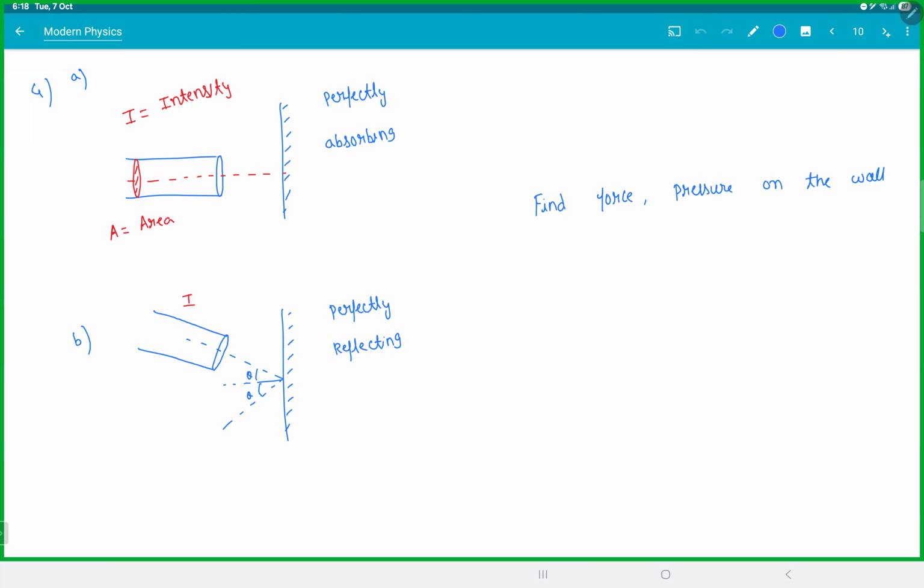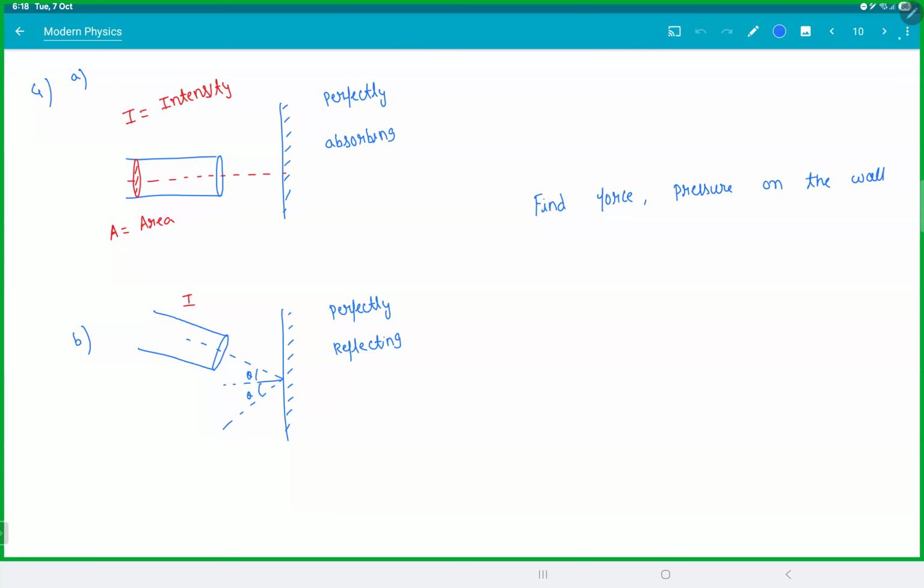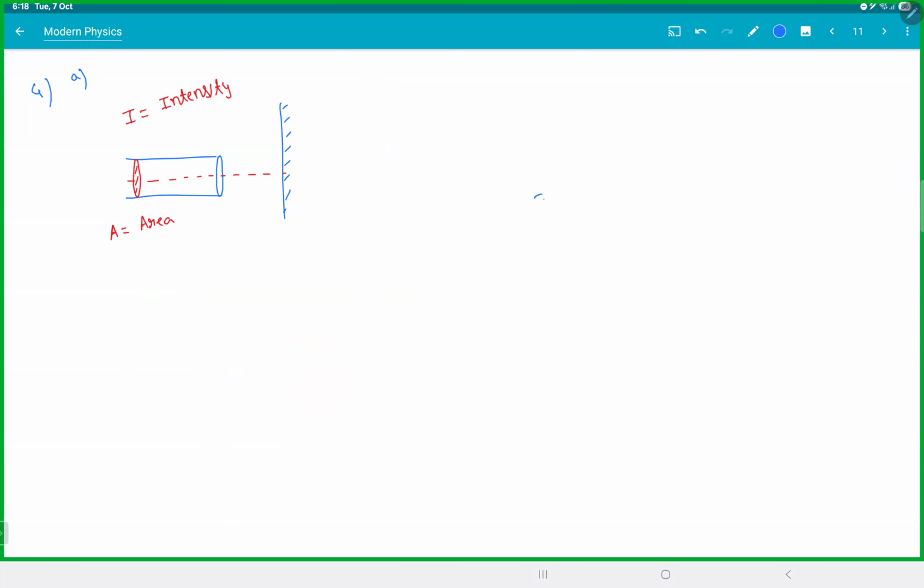Right, Advait. First was easy. So think of it like this. We don't know how many photons are hitting the wall.